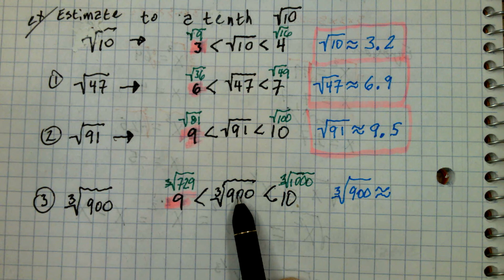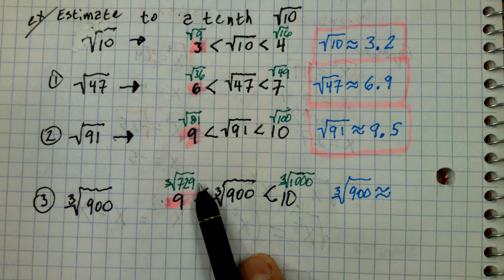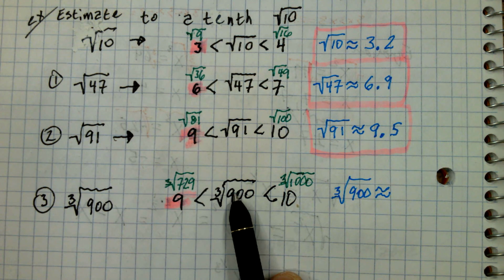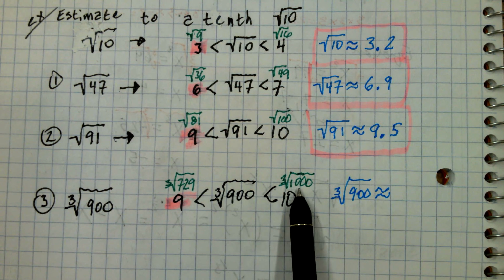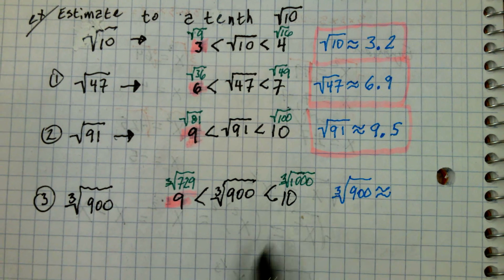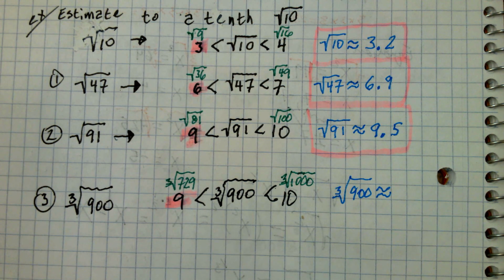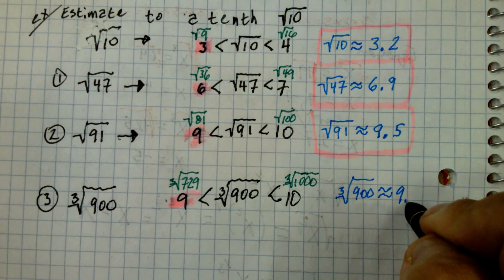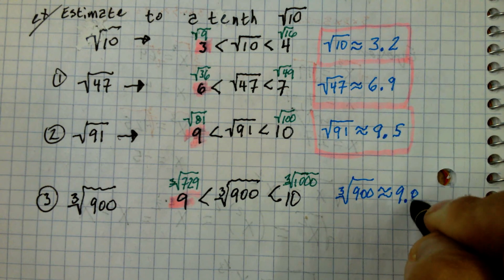About 260. And from 900 to 1,000, it's just 100, right? So what would you say? Closer to the larger number? Yes. So it's going to be 9.8. Let's go with 9.8.